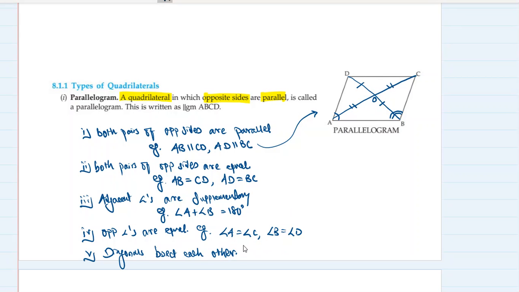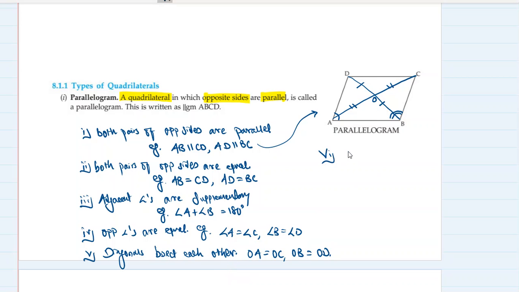So diagonals bisect each other. That means OA is equal to OC and OB is equal to OD. So that's the fifth property, diagonals bisect each other.